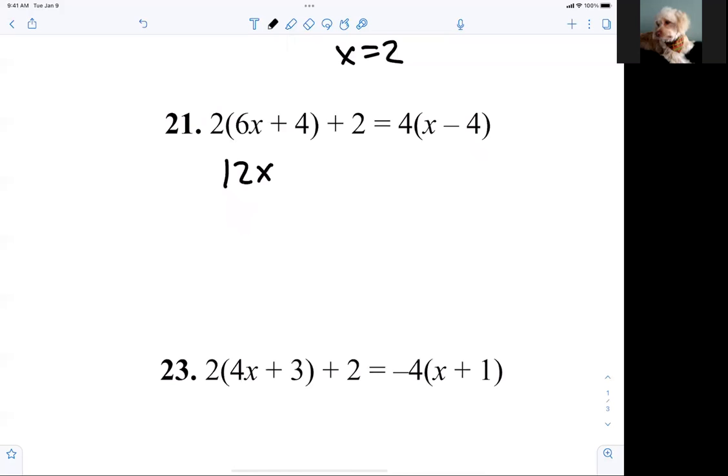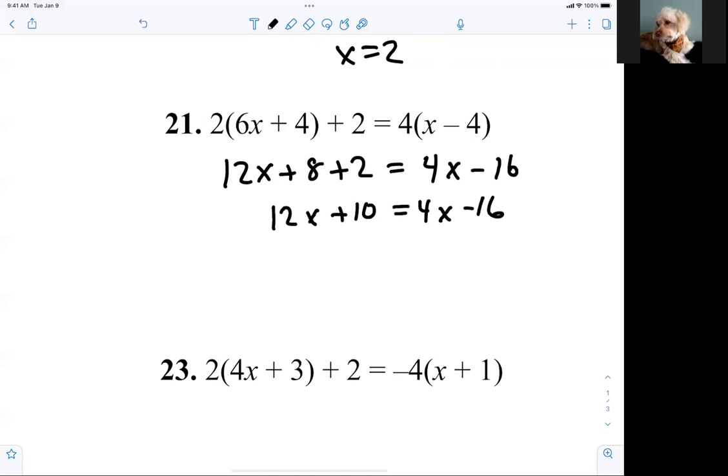Reese, 21, go. 12x plus 8 plus 2 equals 4x minus 16. You're right. I'm going to put 12x plus 10. Now what? Would you bring 4x over? Yep, so that becomes 8x, and then equals negative 26.